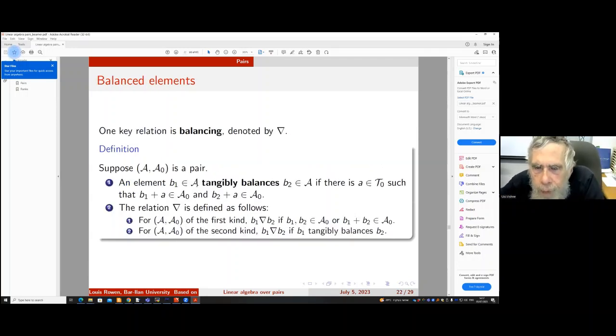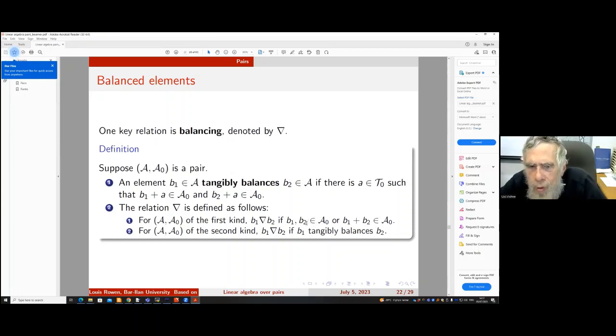So now we need some way of comparing two tangible elements. For the first kind, it's very simple because it's like characteristic 2.